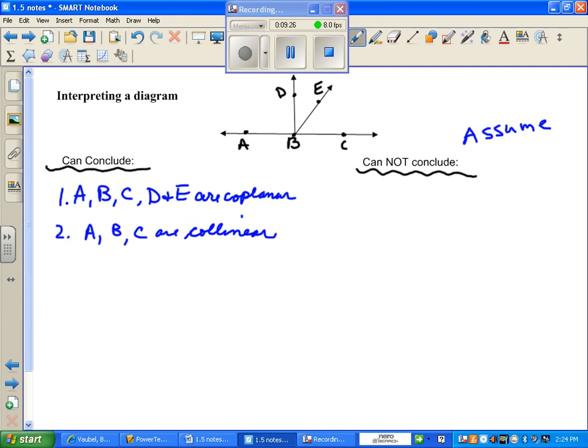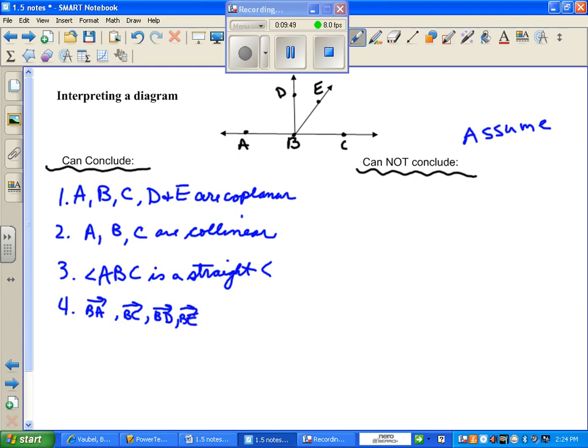Working out some vocab there. You can conclude number 3 here, that angle ABC is a straight angle. And you can conclude that ray BA, ray BC, ray BD, and ray BE intersect at B. Another thing you can conclude is that angle ABD and angle CBD form a linear pair.